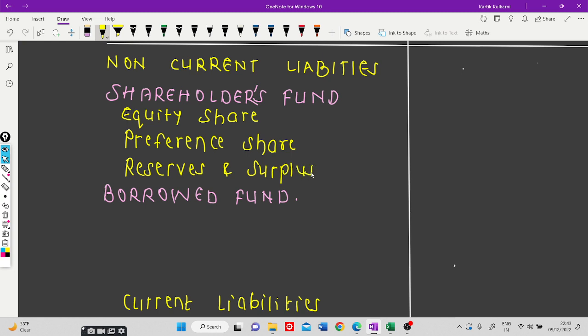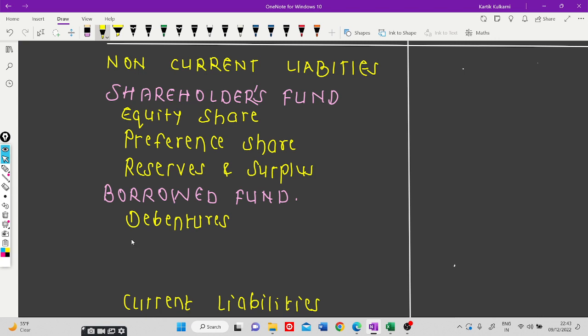While the borrowed fund consists of the funds raised by borrowing money from outside people, the third party liability, which may include people or banks. Examples of borrowed fund can be debentures, which are issued by the company for a period of more than 1 year.